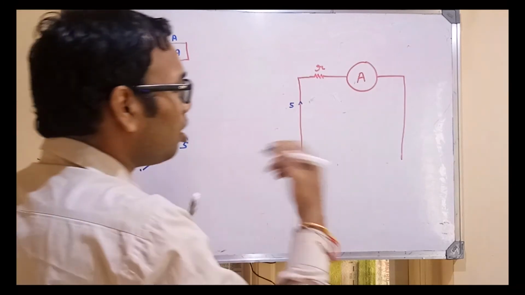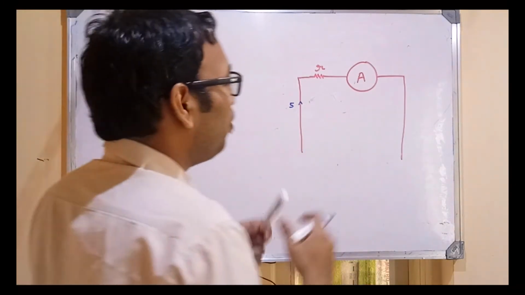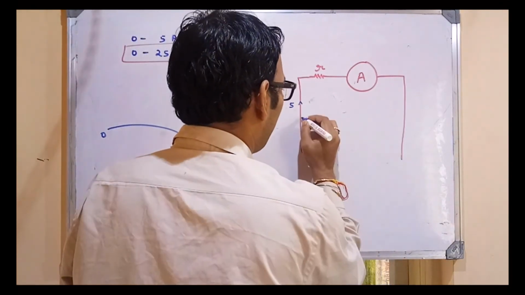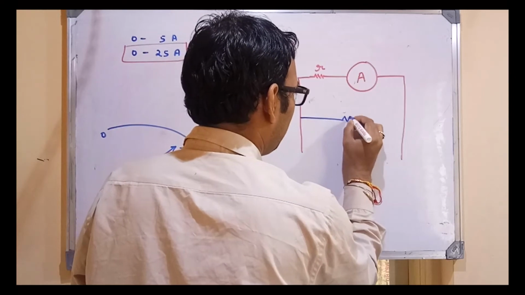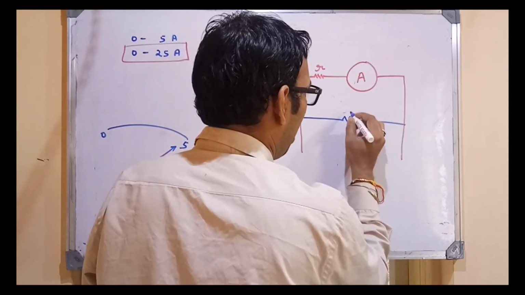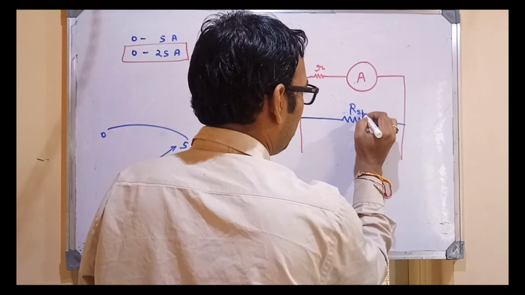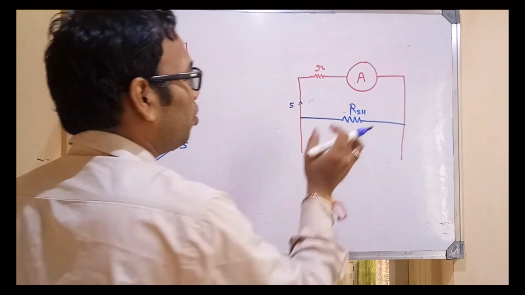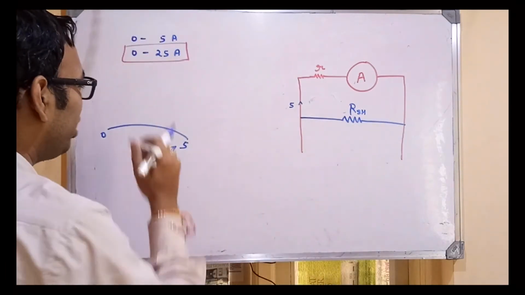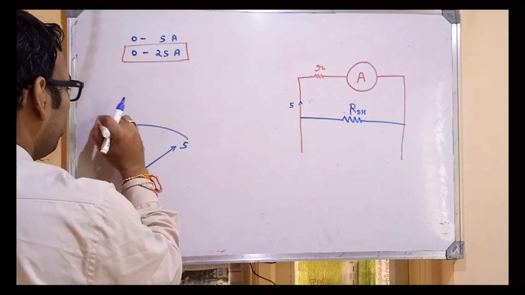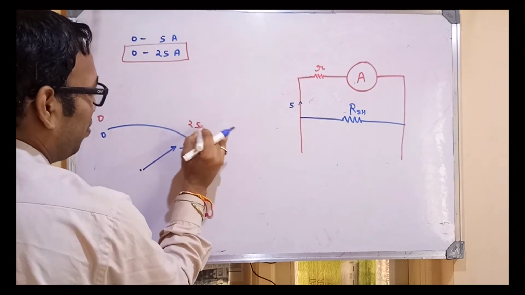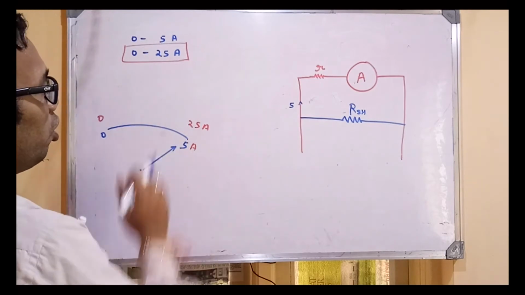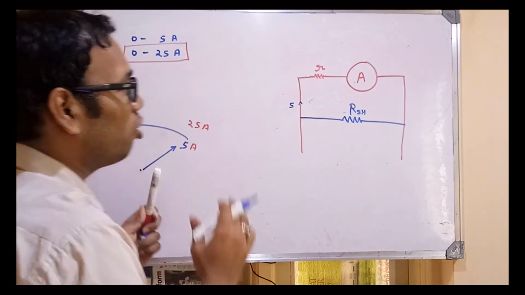Now we have to make it 0 to 25, so we put one shunt resistance, R shunt, RSH. This resistance we have to calculate so that my new scale is 0 to 25 ampere.